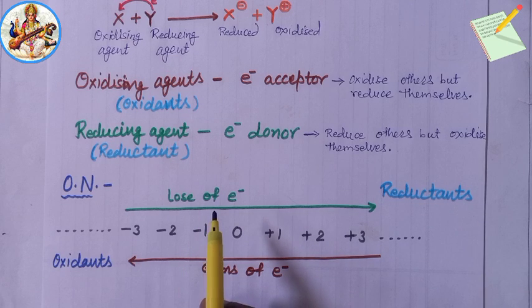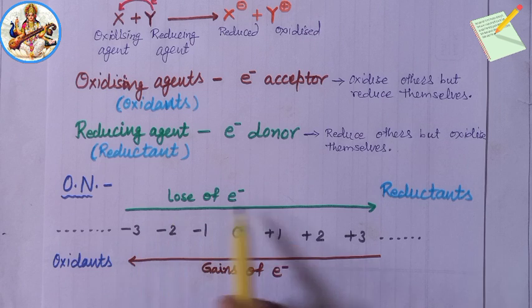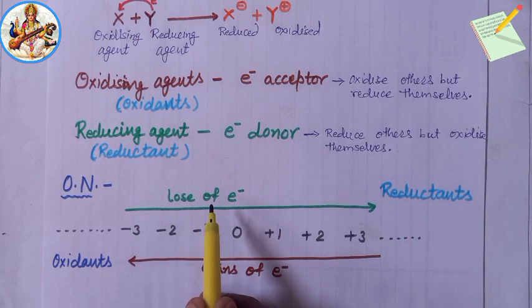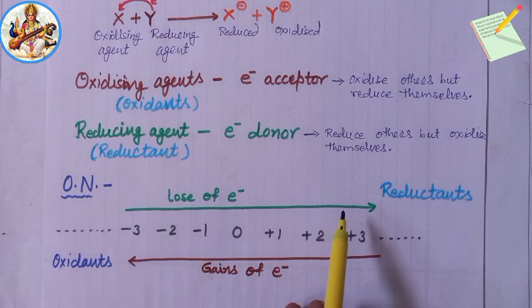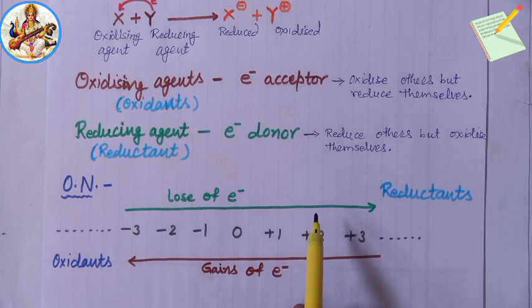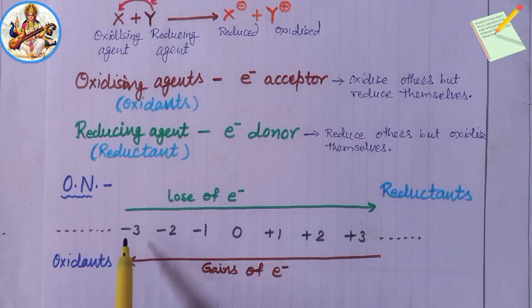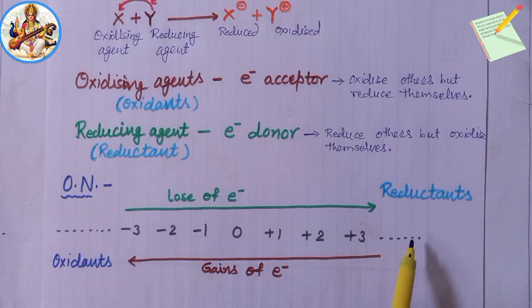The oxidation number of reductants in a chemical reaction is increased, in that direction: from -3, -2, -1, 0, +1, +2, +3 and so on.